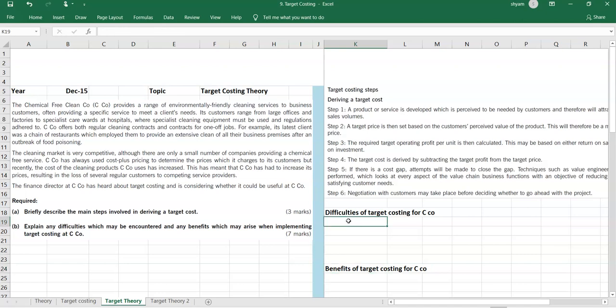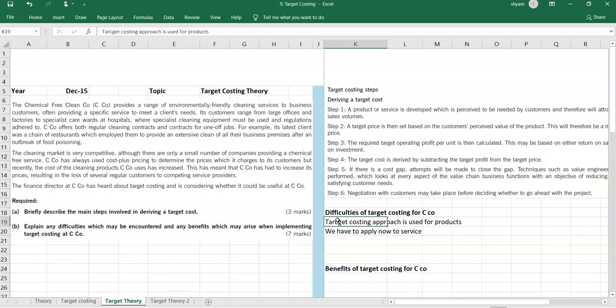So this is actually the difficulty here. Normally, the target costing approach is used for products, but here we have to apply it to a service business.